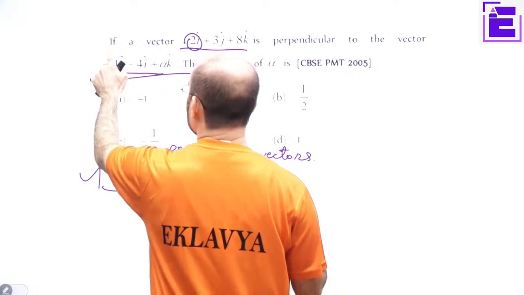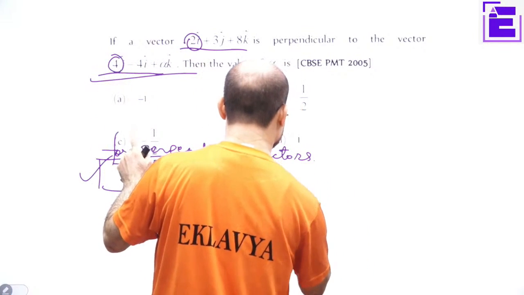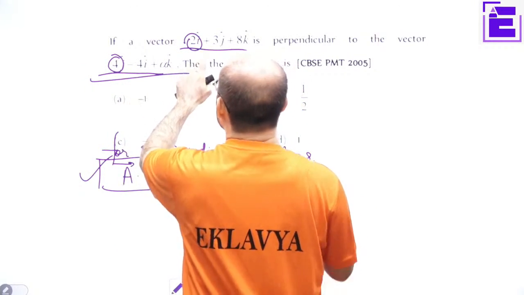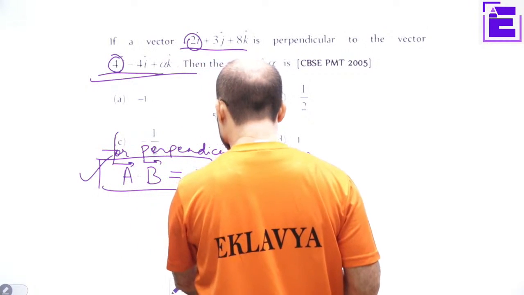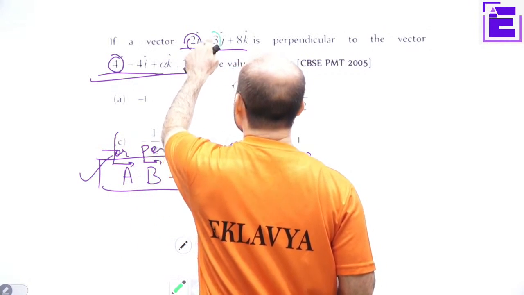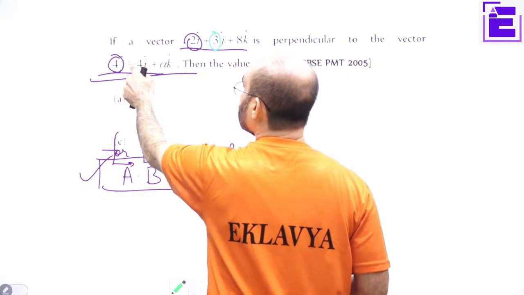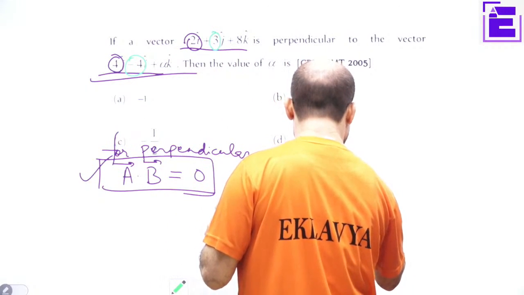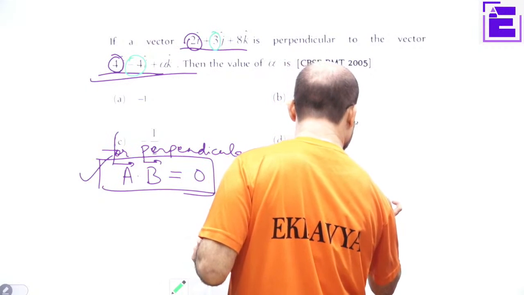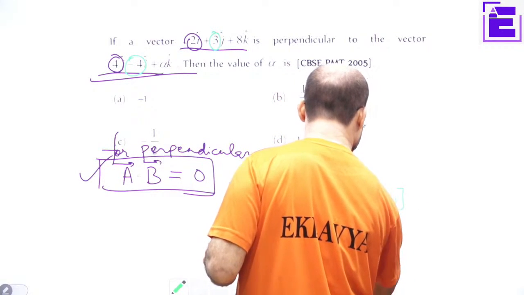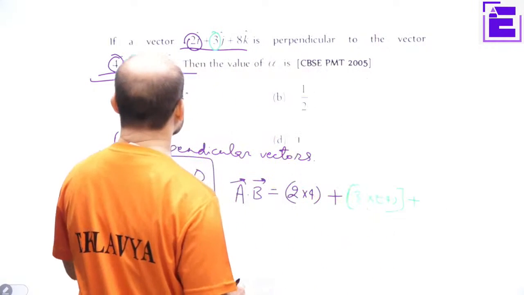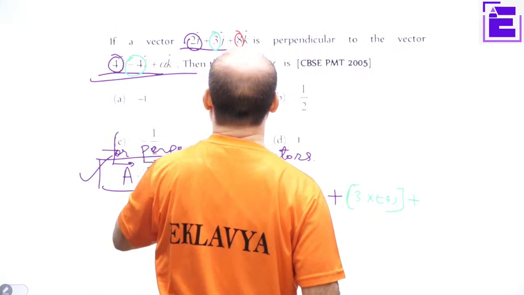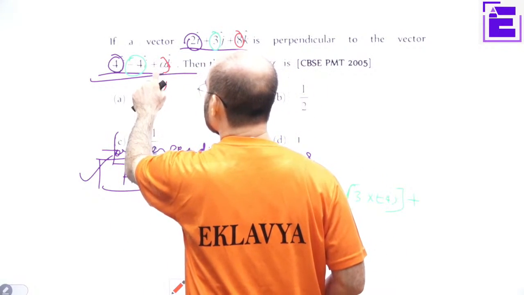AX into BX. So 2 into 4. All right. This is plus. Okay, plus. And now what? Now you have 3 as AY and minus 4 as BY. So 3 into minus 4, plus AZ, 8 into this is alpha.